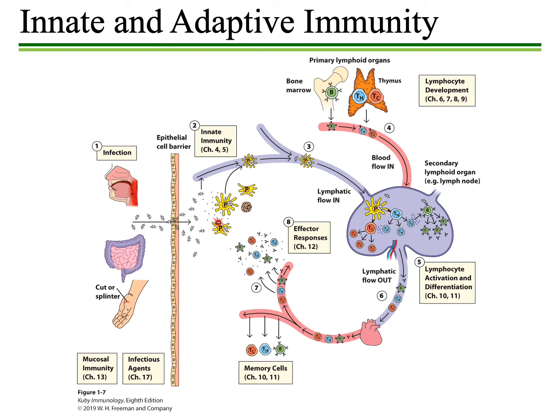This slide is meant to be an overview of what happens in both the innate and adaptive immune response. The very first step that needs to occur is that an infection does in fact need to take place. What typically happens with an infection is that a pathogen enters through the breach of some physical barrier, and again, we will discuss this in more detail a few lectures down the road.